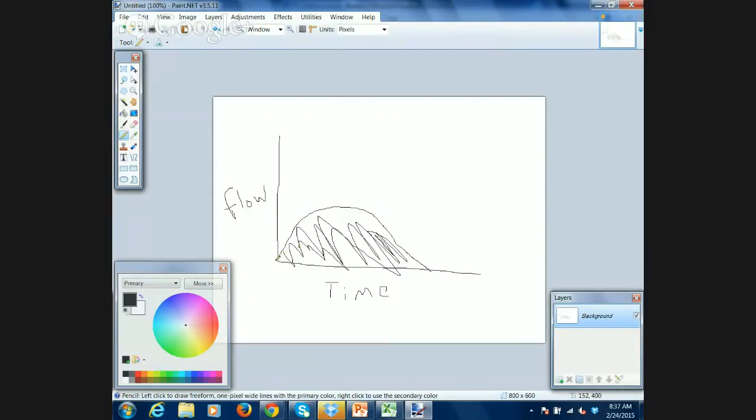Different watersheds will have different characteristics. Some watersheds might get the exact same amount of runoff, but it might look more like this, and slow. If it has a big flat upslope area, it may continue for a long time.